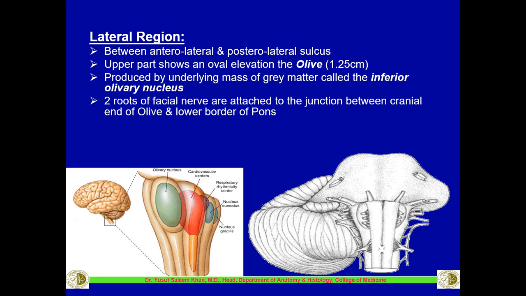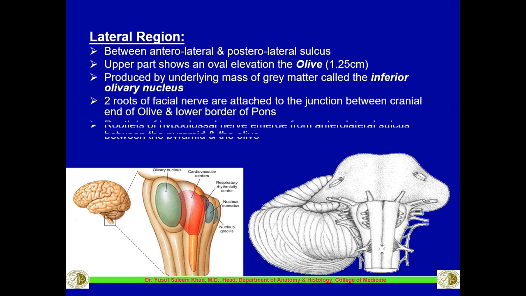Just above the olive, we can appreciate the two roots of the facial nerve. The facial nerve is between the pons and the olive. The rootlets of the hypoglossal nerve also emerge, but on the lateral side from the anterolateral sulcus.